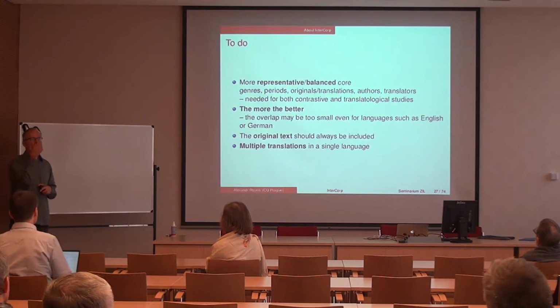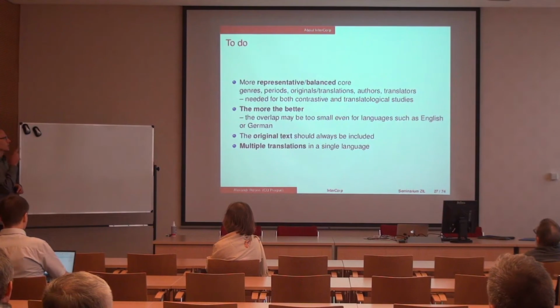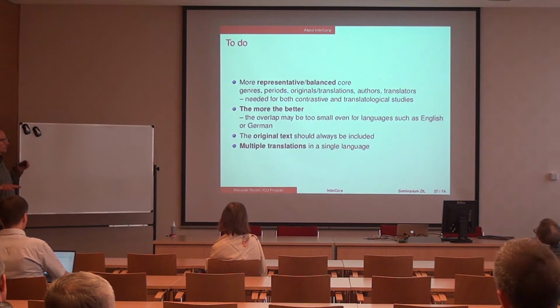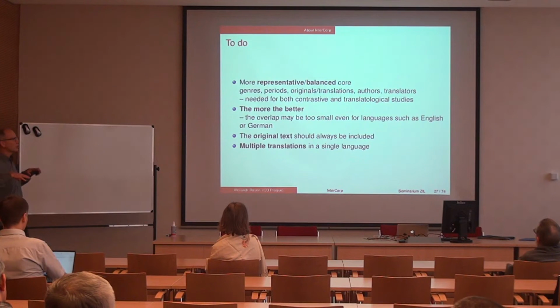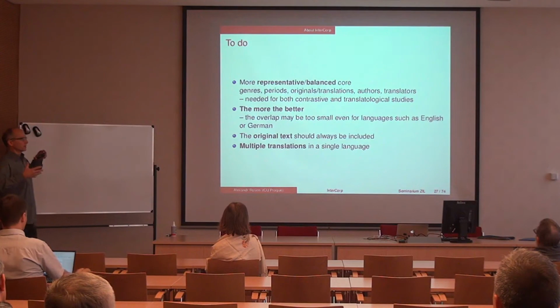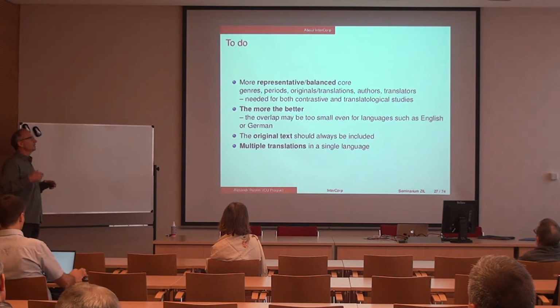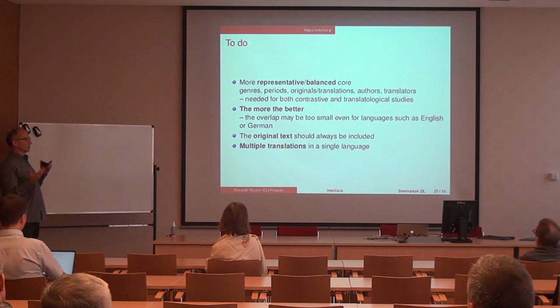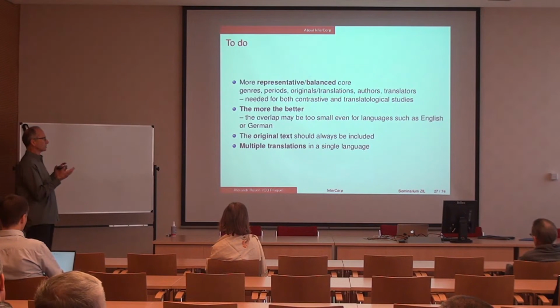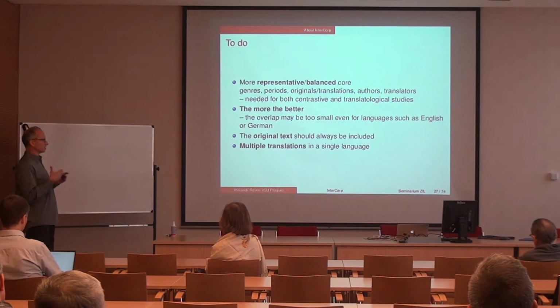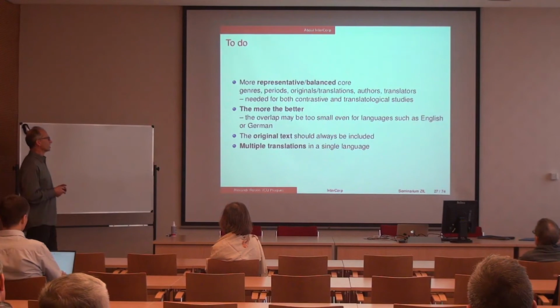So what would we like to do? We would like to have a more representative or balanced core, the share of translations and originals, and also those languages that are not represented well should be represented more.